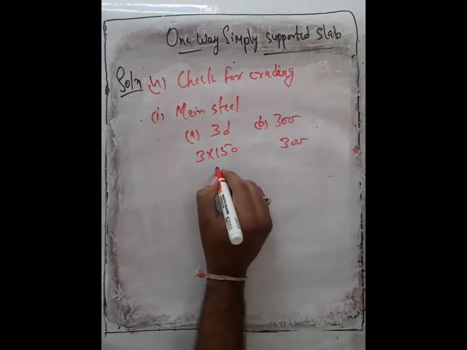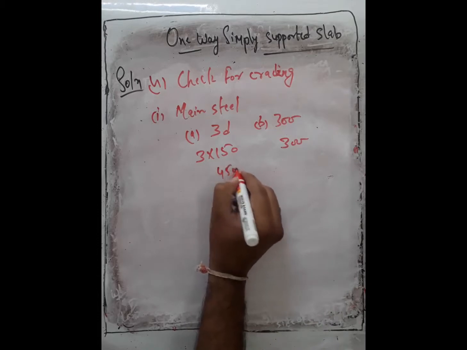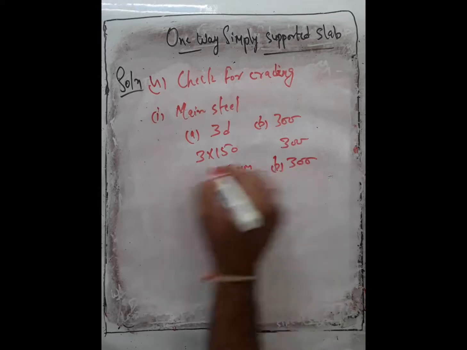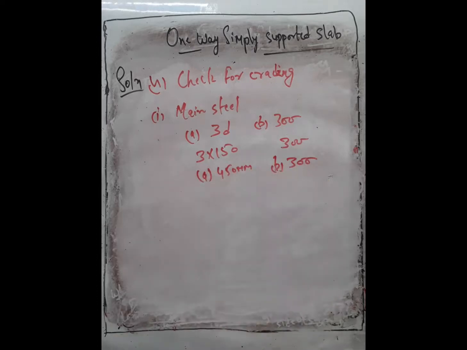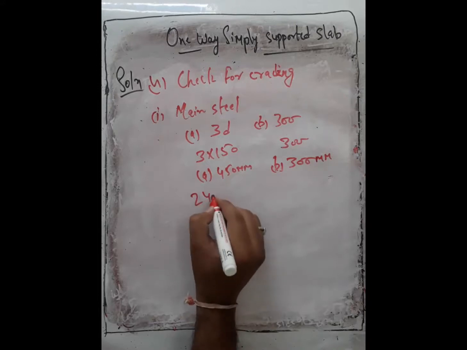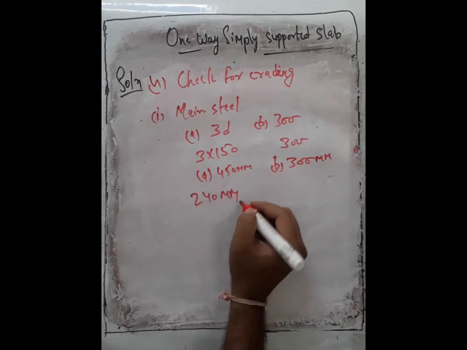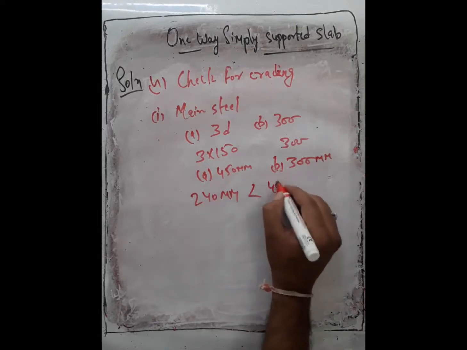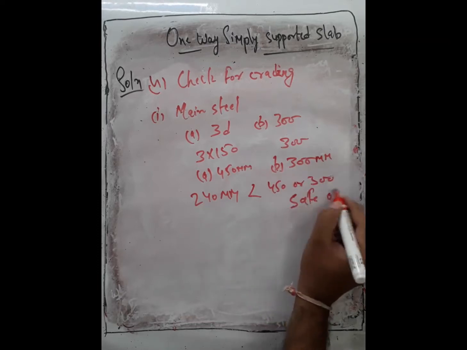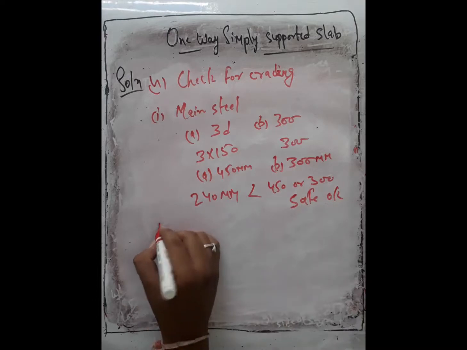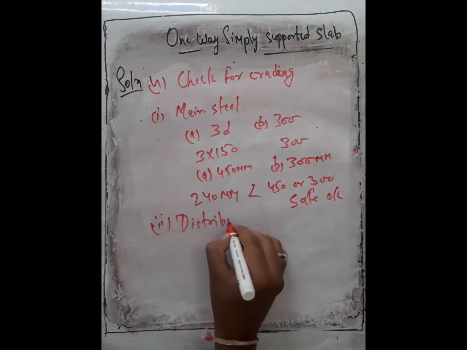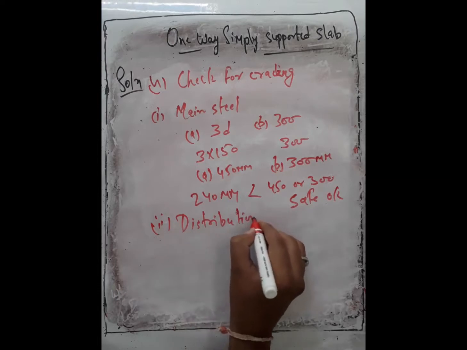So here 3 into 150 is 450 mm and maximum is 300. Means here B value is this and A value is this. But for main bar we found 240 mm as spacing. That means it is less than 450 or 300 mm. It is safe and okay. The same we have to do for distribution steel.